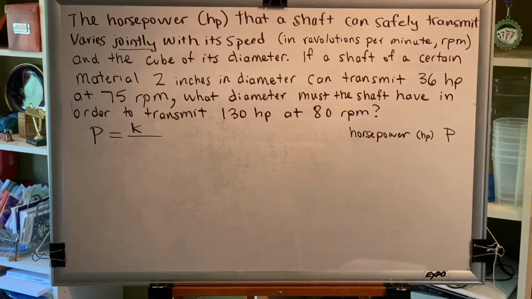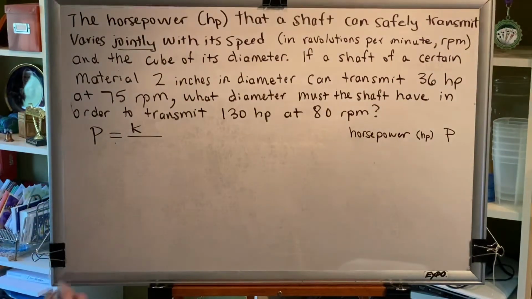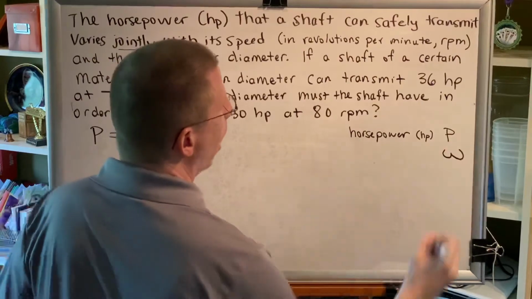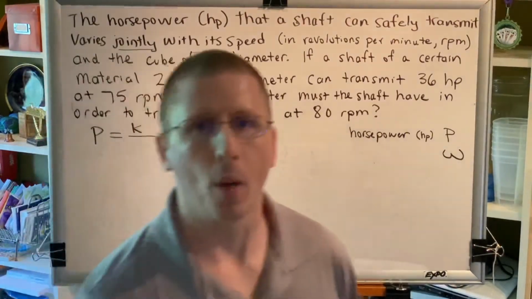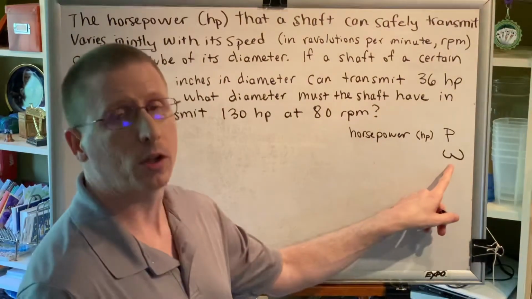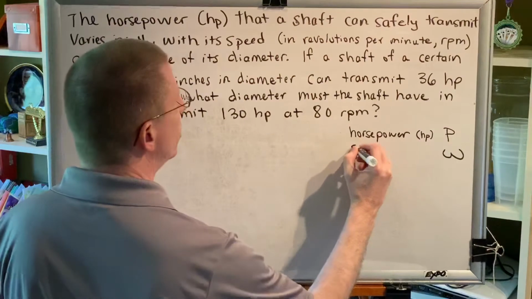Notice there are no variables for those either. So what is the variable used in a physics class for speed measured in revolutions per minute? That would be a Greek letter called omega. Even though I'm not there with you in the room, I want you to pronounce that out loud. Omega. This is not a W, this is omega. So this is spinning speed.